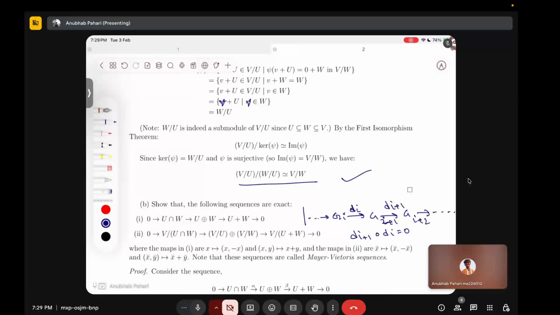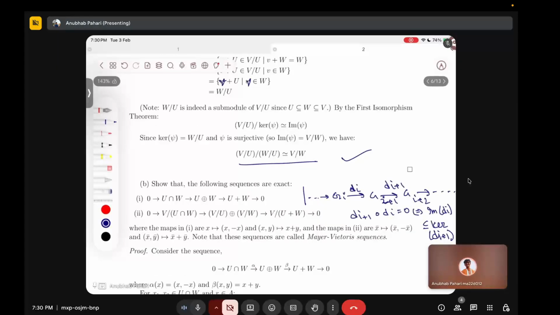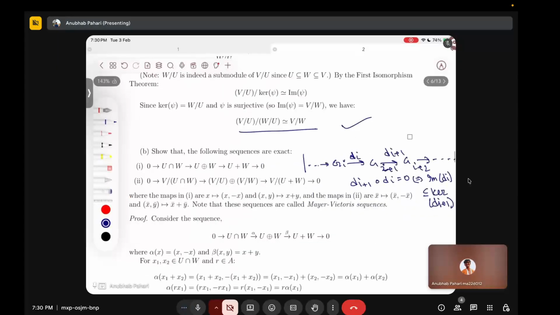That means the image of d_i is contained in the kernel of d_{i+1}, right? This is interesting. Just try to focus on that.